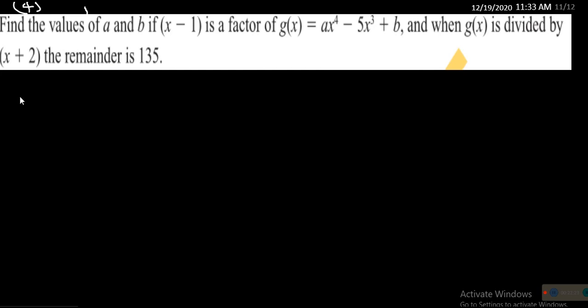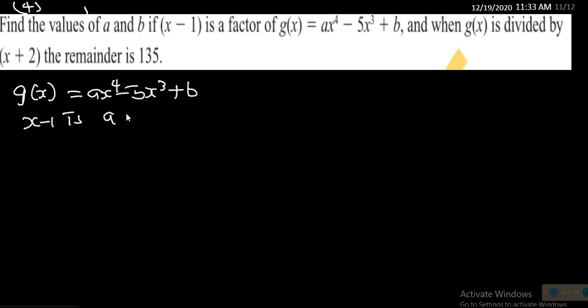So let's write down g of x. g of x equals 8x raised to power 4 minus 5x cubed plus b. Okay, now we're told that x minus 1 is a factor of g of x.